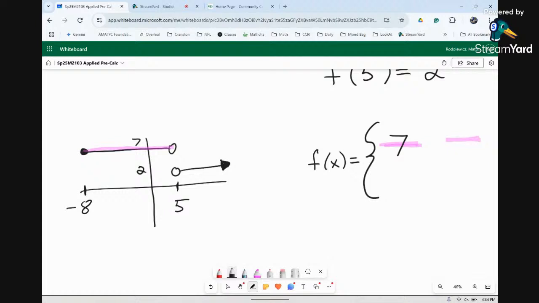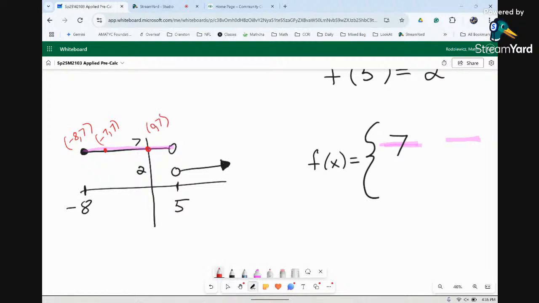Now, when are they 7? Here's a way to think about it. This is an ordered pair, -8, 7. This is an ordered pair, -7, 7. This is an ordered pair, 0, 7.